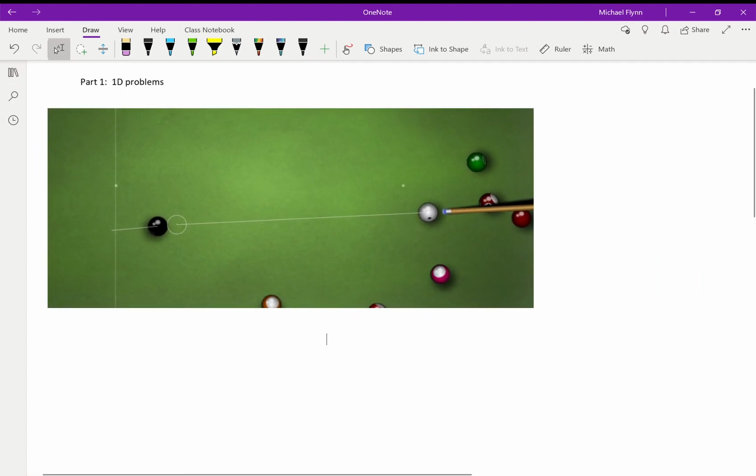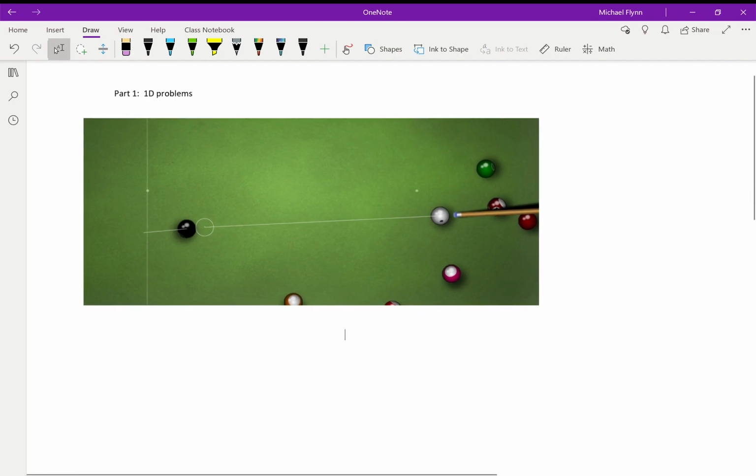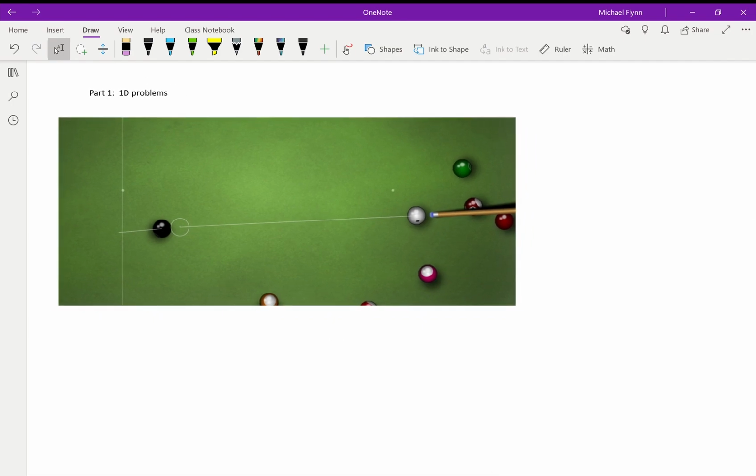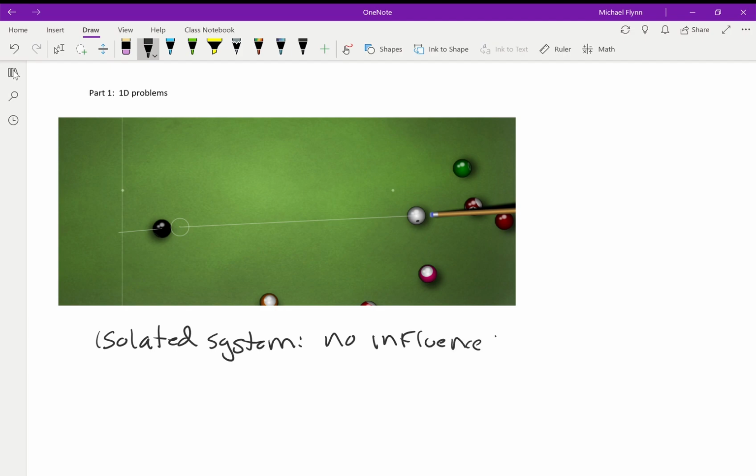We're going to start with a one-dimensional example. But before I do that, I want to explain what conservation of momentum is and why it happens. First, I have to tell you what an isolated system is. I explained it in the billiards video, but I'll write it down here. An isolated system is a system where there's no influence from external forces.